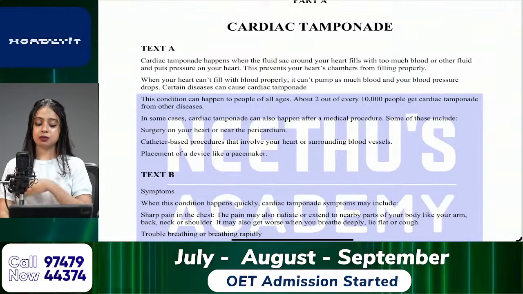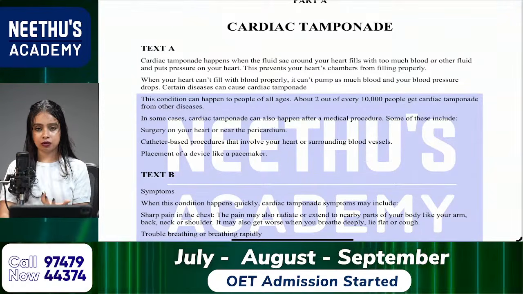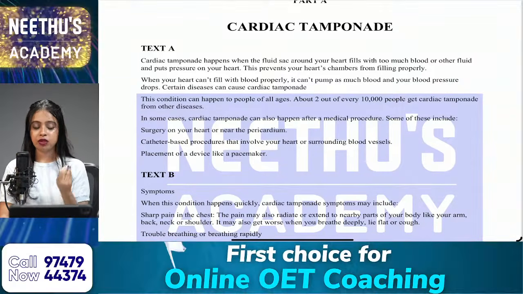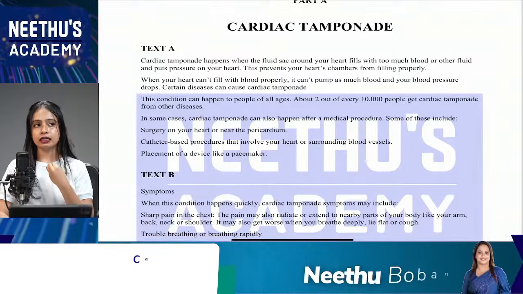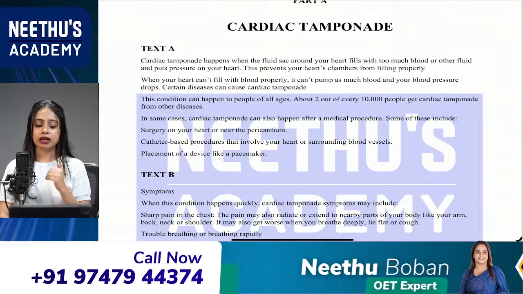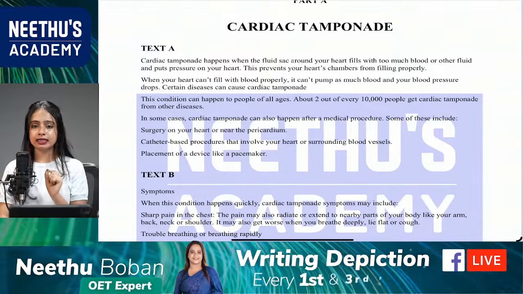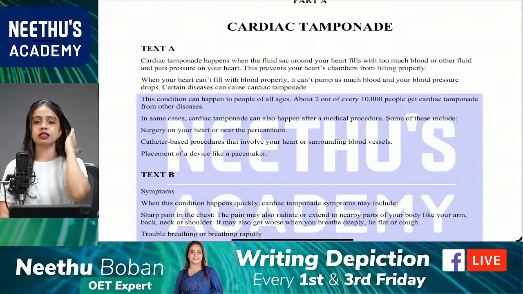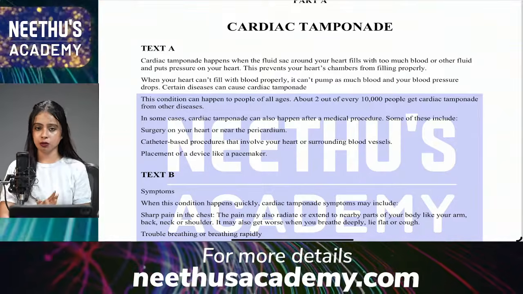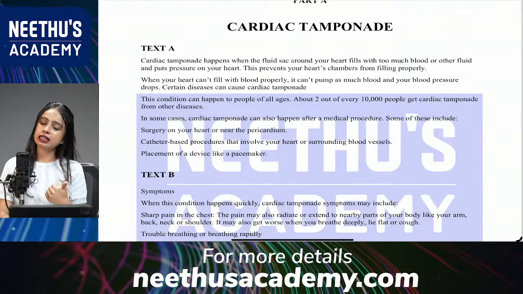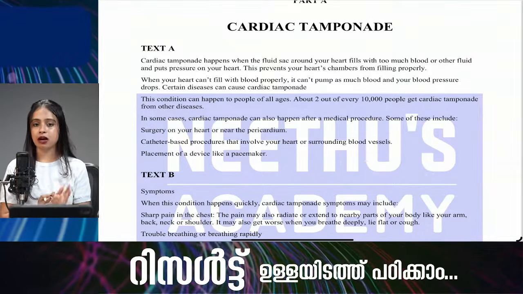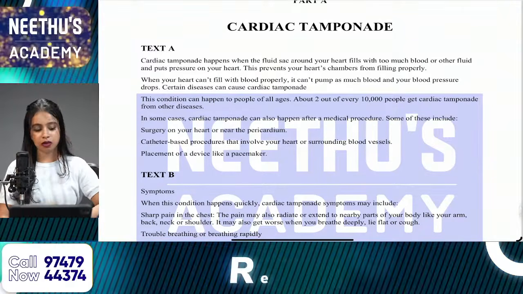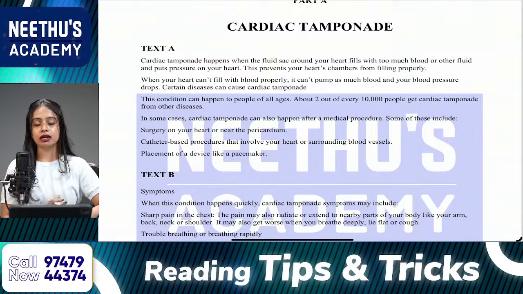Then the words that indicate experiment and research. Then also the first and last line of each and every paragraph, as well as all the bullet points. If the bullet points are very small, then you can mark all of them in order. Otherwise, if they are very lengthy, you don't have to mark them completely, but you can mark the important keywords from them. Clear? So that's all about the 13 keywords.